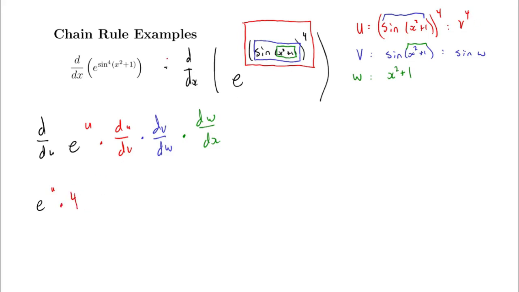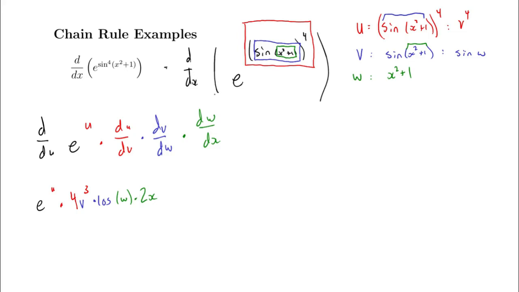That's 4 times v cubed multiplied by the derivative of v. So that's going to be cosine of w times the derivative of w with regard to x. That's 2x. So there are all these multiplication signs in between here.